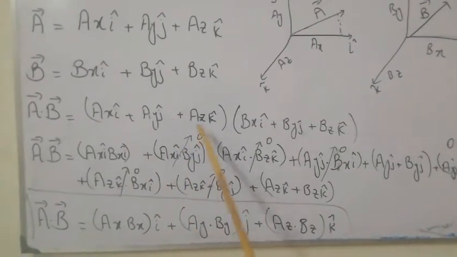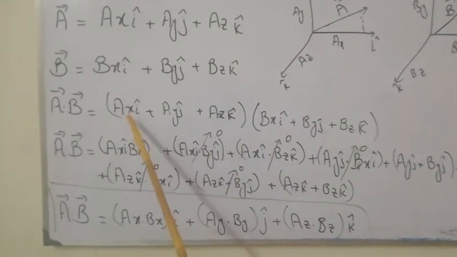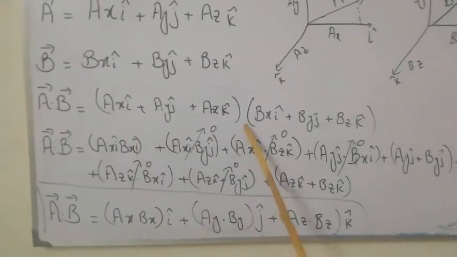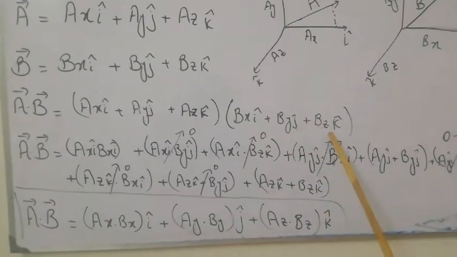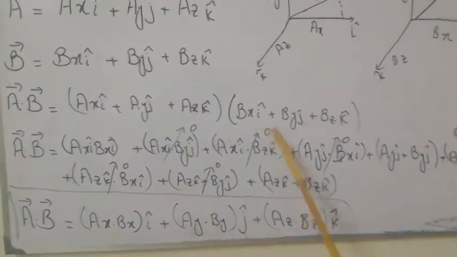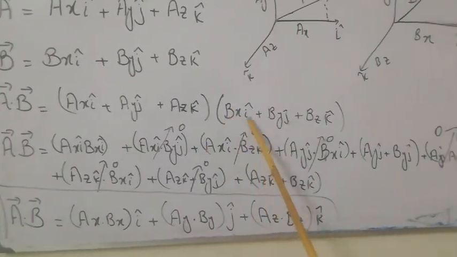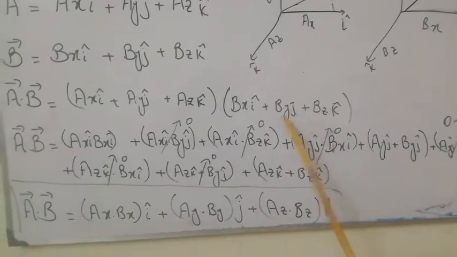As we know, when any two quantities multiply, the first component of the first bracket multiplies with all components of the second bracket, then the second component of the first bracket multiplies with all, and then the third component of the first bracket multiplies with all components of the second bracket.